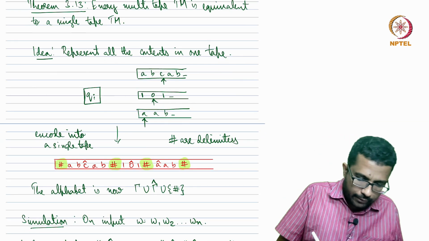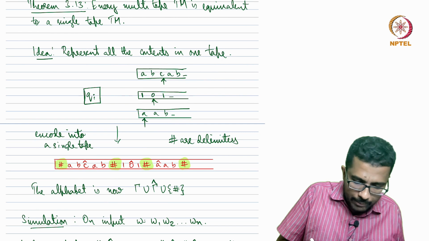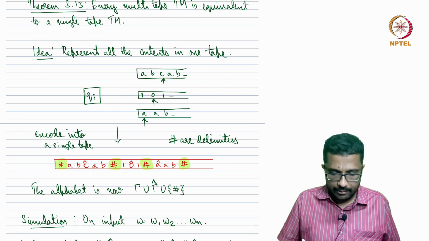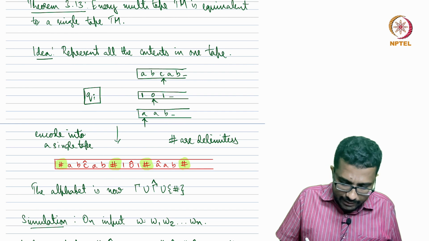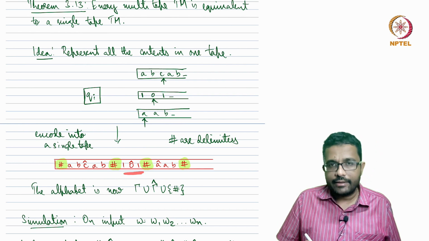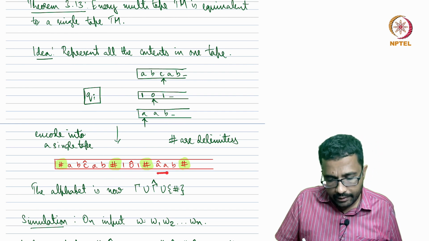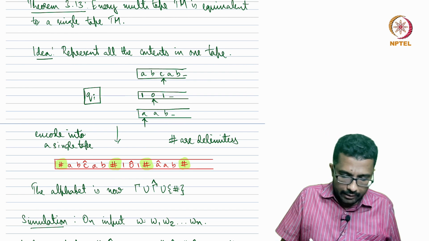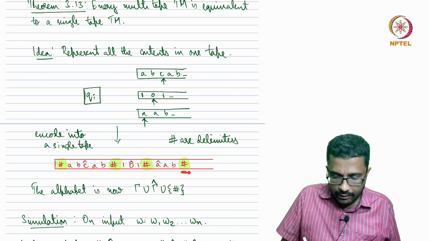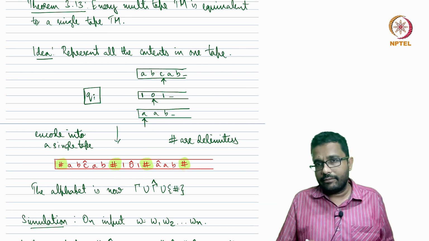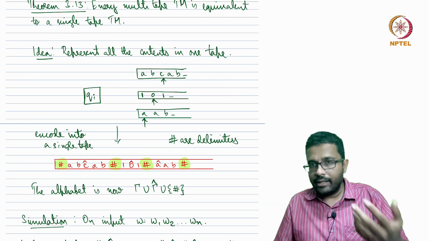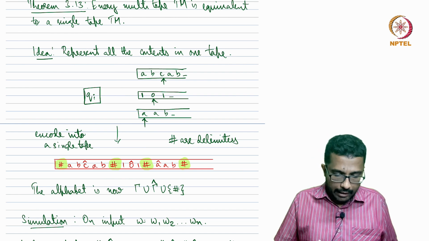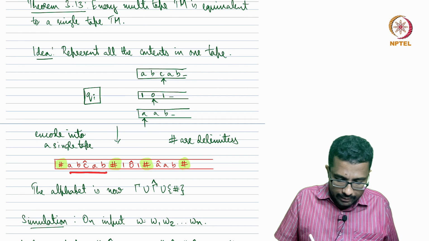So the first tape content that you see here is ABCAB, and this is encoded between the first two hash symbols. After the second hash symbol, the contents of the second tape starts, it's 101. After the third hash symbol, it's AAB, which is the content of the third tape. And finally, we include one more hash to show that that is the end of the contents of the third tape. So that is how we encode the contents.